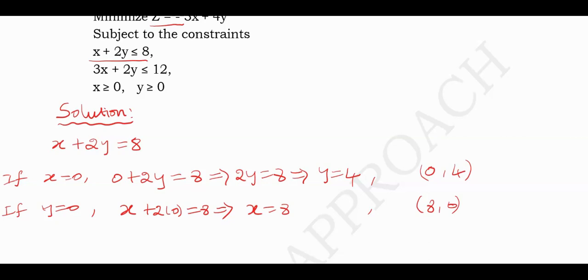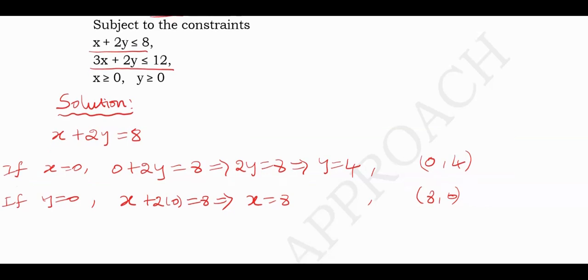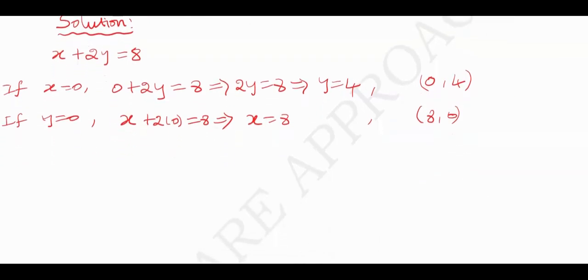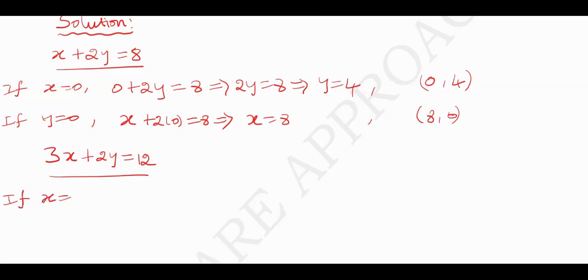From the second constraint 3x plus 2y less than or equal to 12, we have the equation 3x plus 2y which is equal to 12. Now if we give x is equal to 0 in the above equation, then we have 3 into 0 plus 2y is equal to 12.